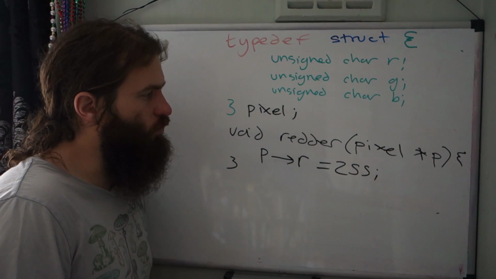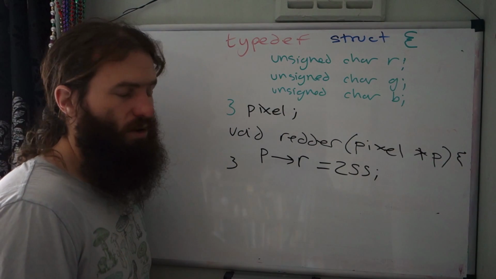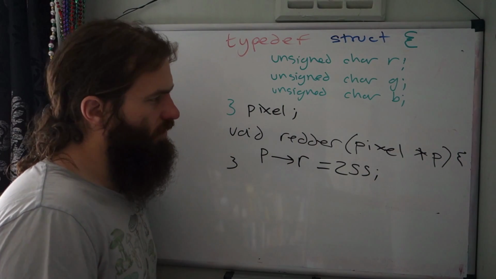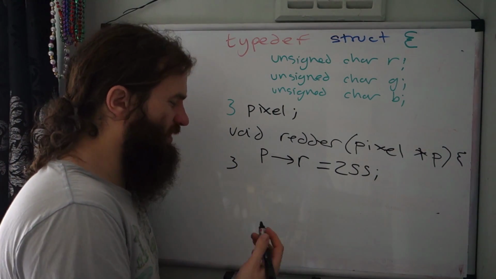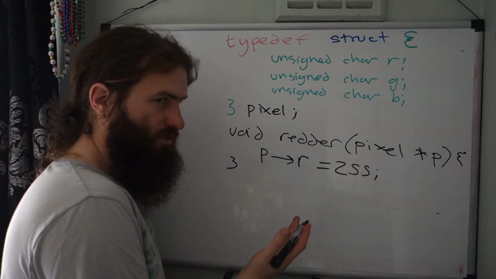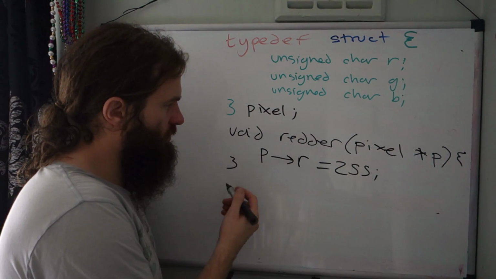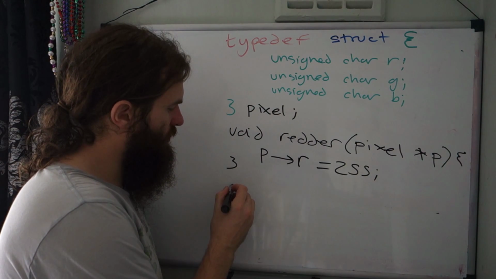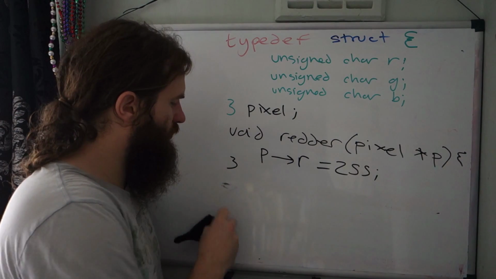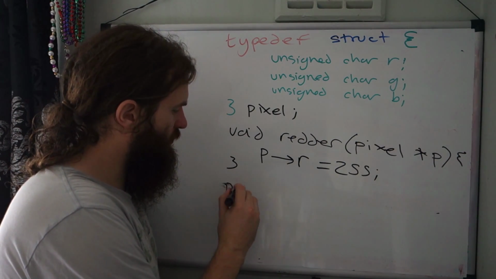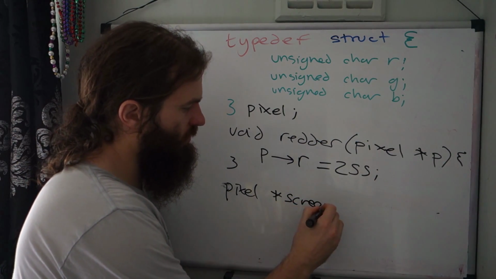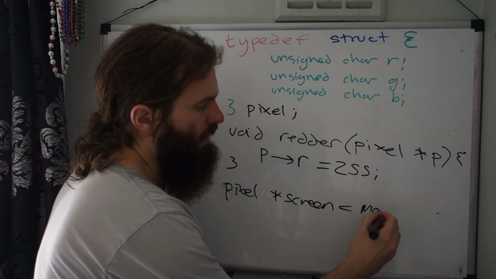What we can also do is work with arrays of a structure. And so to do that, if we wanted 10 pixels, and maybe that's our screen, it's a very small screen, so 1,000 pixels, still very small, but in any case, we could do something like this. So we'd say type is pixel, and our variable is going to be called screen equals malloc.